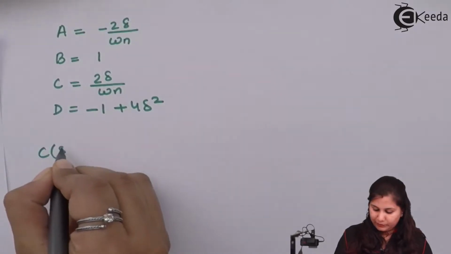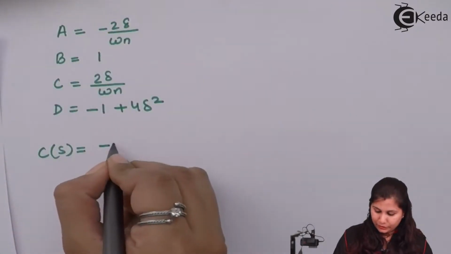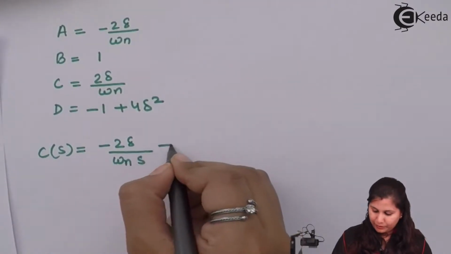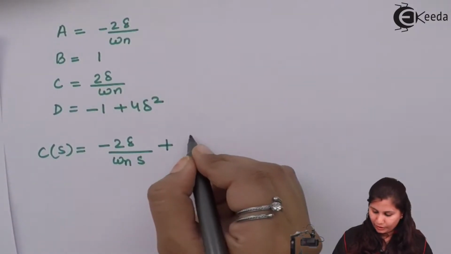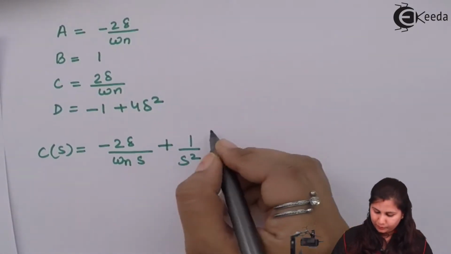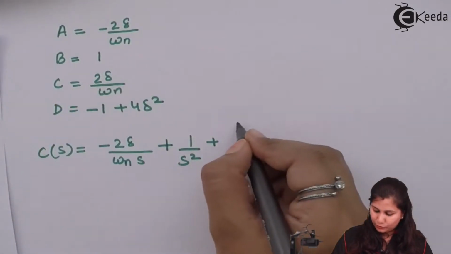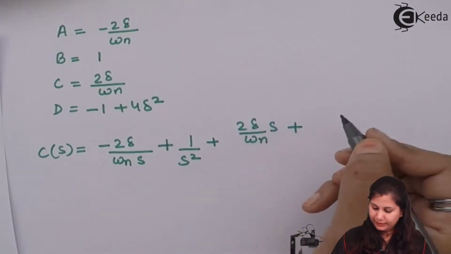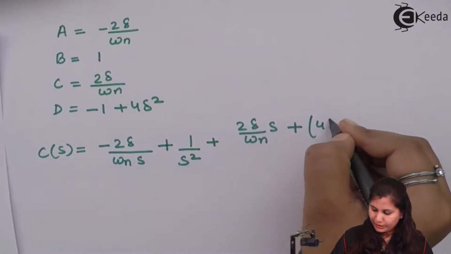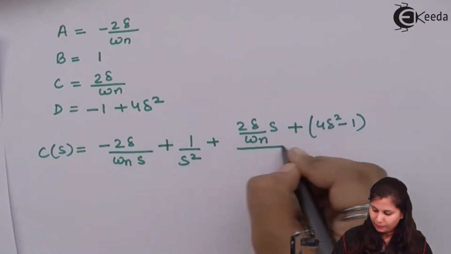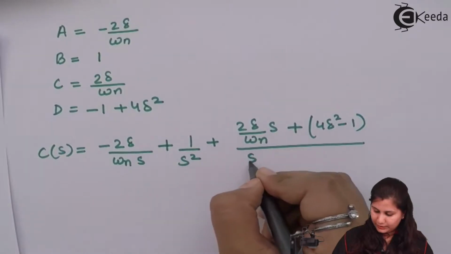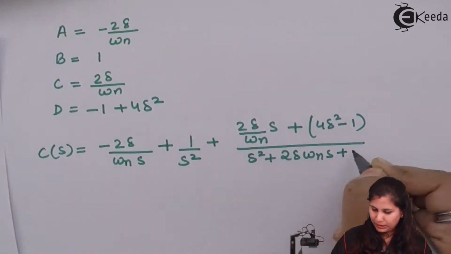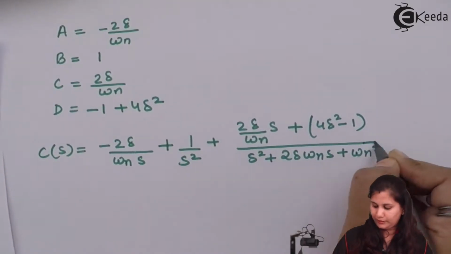So C(s) is minus 2 delta upon omega n times 1 upon s, plus 1 upon s square, plus (2 delta upon omega n s plus 4 delta square minus 1) upon s square plus 2 delta omega n s plus omega n square.